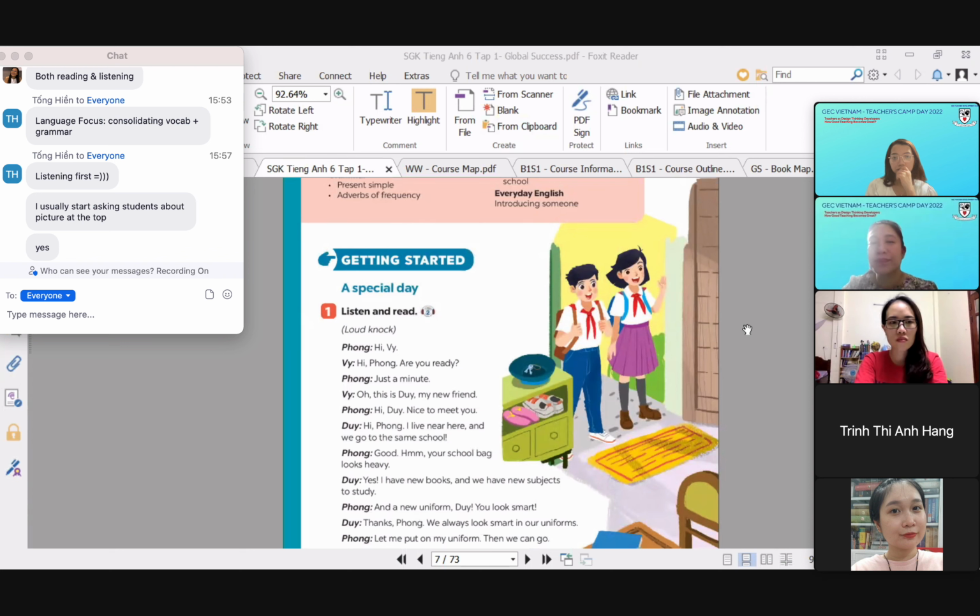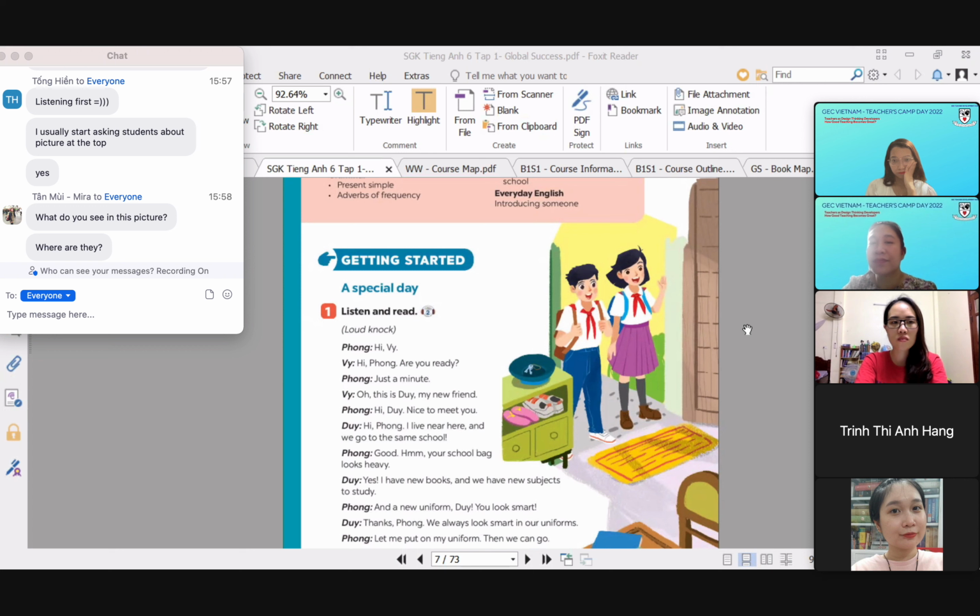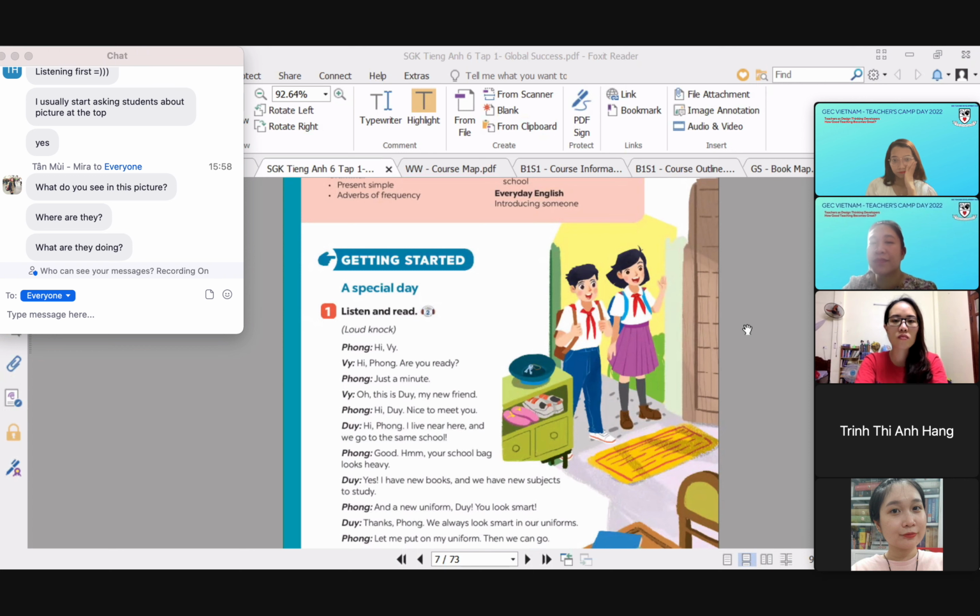I usually ask students to describe the picture and guess what happened to the characters in the picture. And I will ask them to guess the content that may appear in the recording. Yeah, and then after listening, students can compare their guess to the content of the listening. That's a great start.